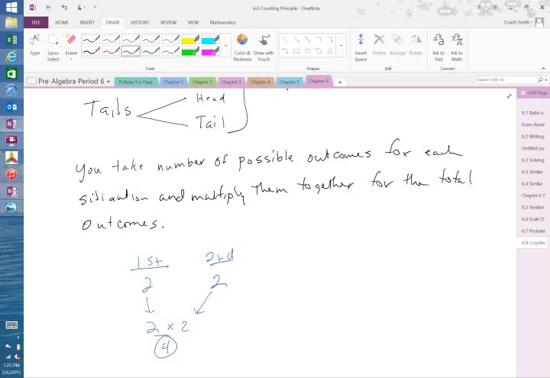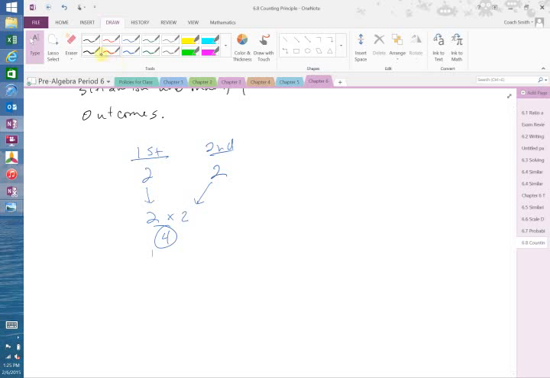Now, where they're going to use this is, for example, let's say I am rolling 2 dice. Just regular dice you would use in a board game. I'm going to roll 2 dice, and I want to know what is the probability, or what is the number of outcomes that can come from the 2 dice.